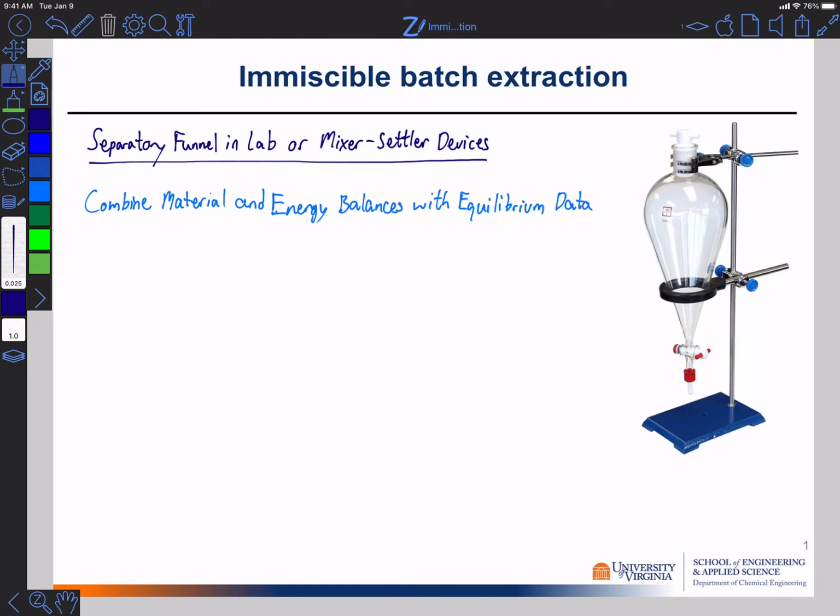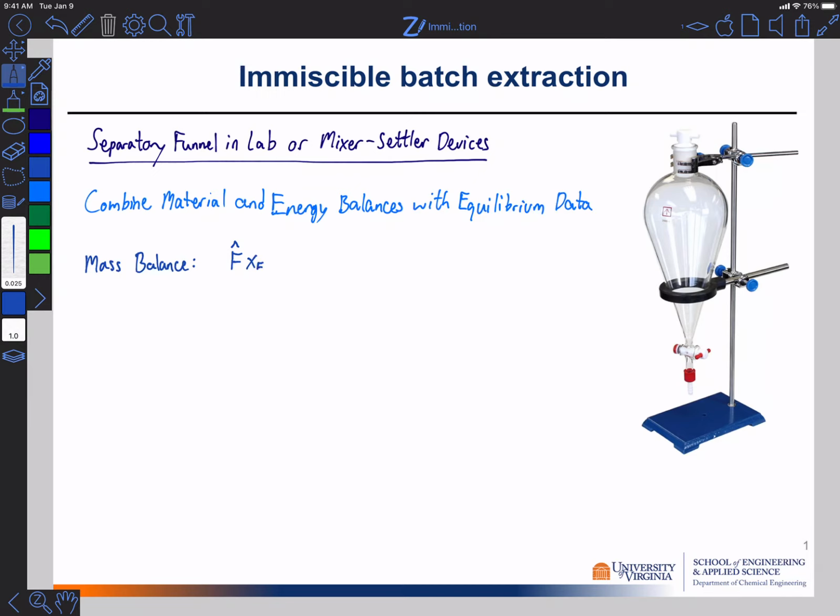The key thing, though, in this particular case is we're just going to combine material and energy balances with equilibrium data, right? And so if we're holding this immiscible approximation, that's going to simplify things a little bit. But ultimately, our mass balance is pretty straightforward. We have some amount of feed that's charged into the separatory funnel.